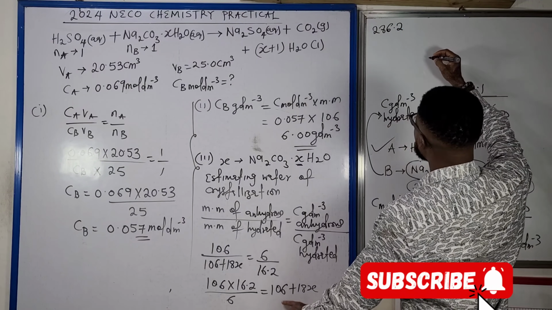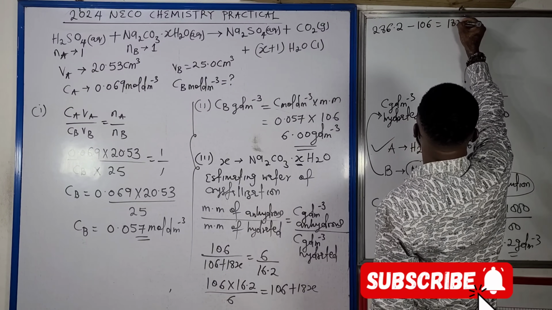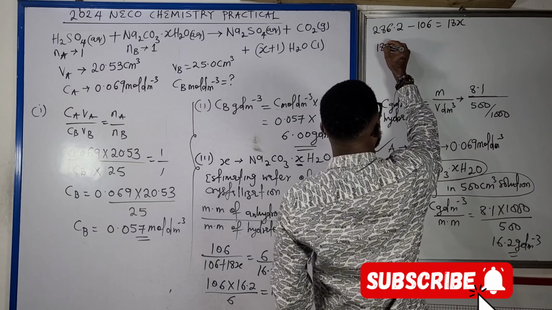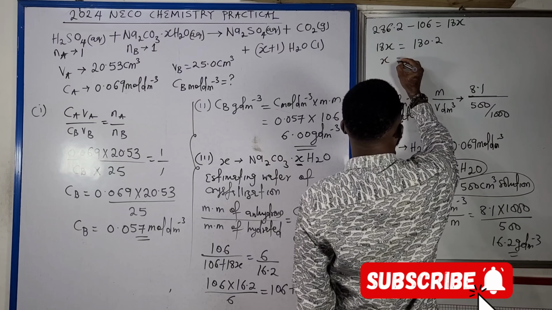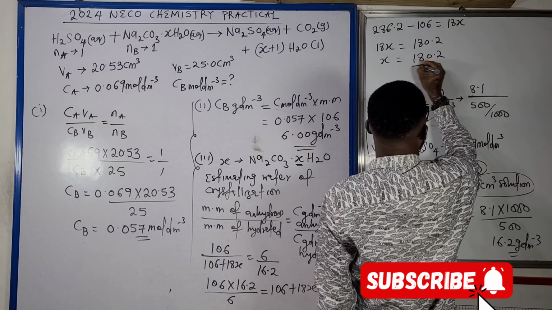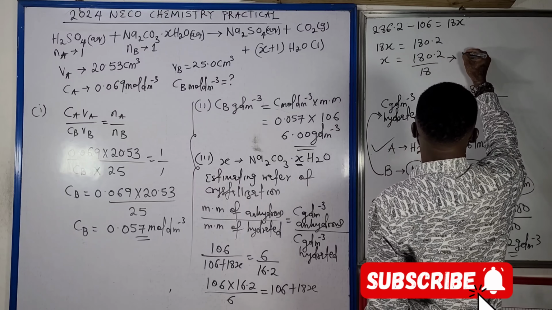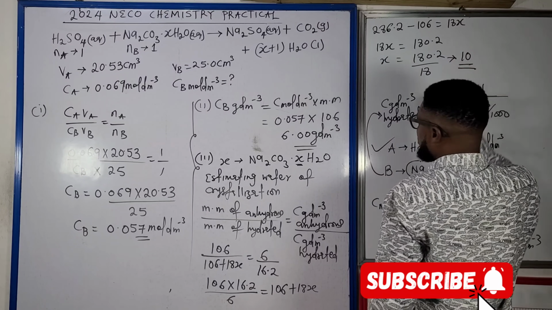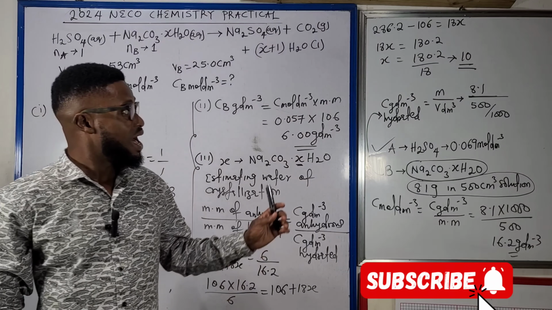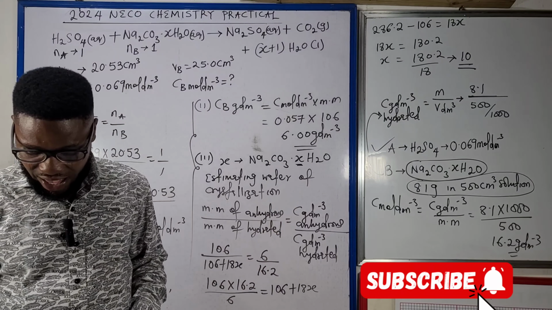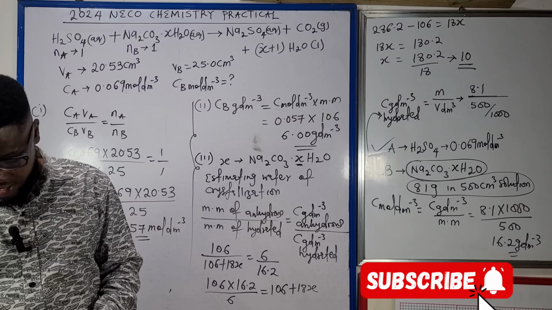Then this 106 moves to this side, minus 106 equals 18x, so that way 18x equals 180.2. So x equals 180.2 divided by 18. That way our x here is approximately 10. So for question C, our x there is actually 10. The number of water of crystallization there is 10.